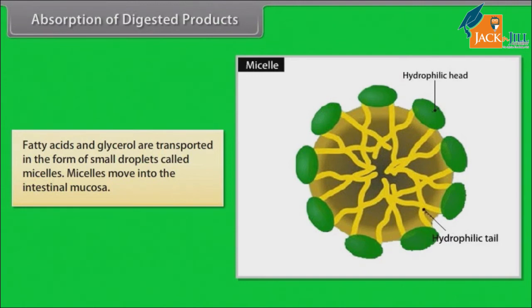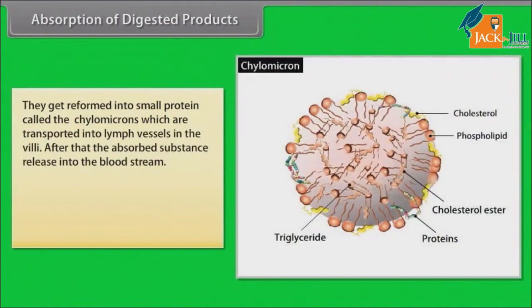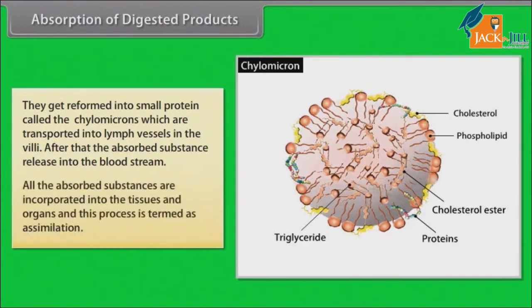Micelles move into the intestinal mucosa. They get reformed into small protein-coated droplets called the chylomicrons, which are transported into lymph vessels in the villi. After that, the absorbed substance releases into the bloodstream. All the absorbed substances are incorporated into the tissues and organs, and this process is termed as assimilation.